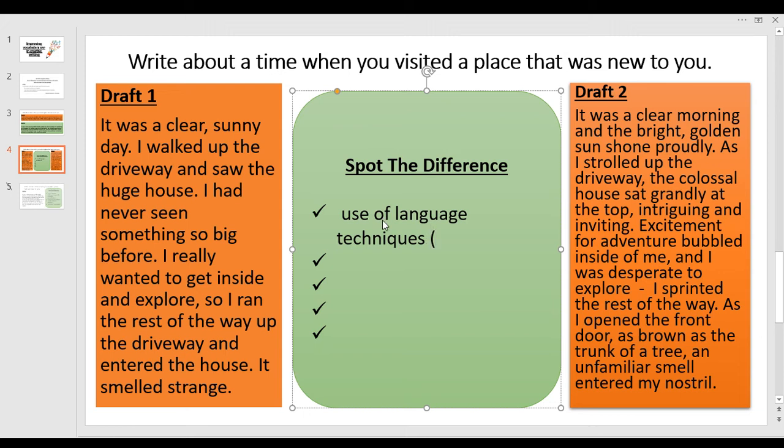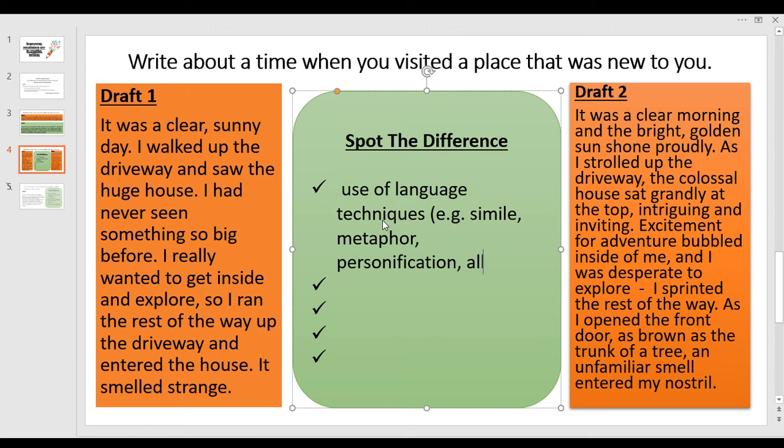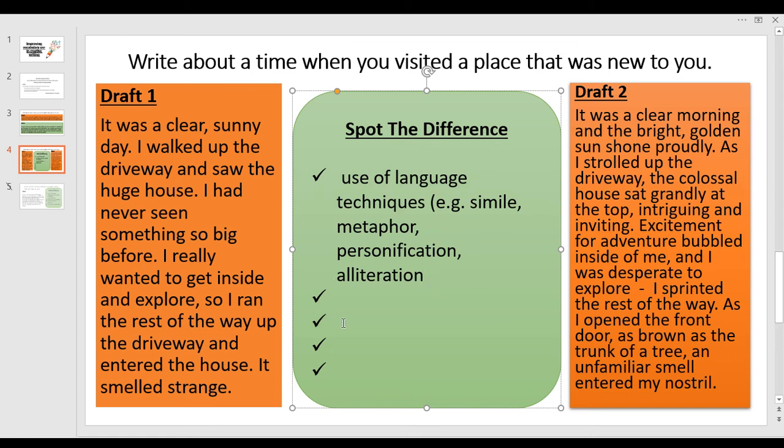Okay, so some examples, and you're not limited to these, but these are just some of them. So you've got simile, metaphor, personification, and you've got an allusion to alliteration too. And then next, you've got the use of rather a few extended noun phrases.